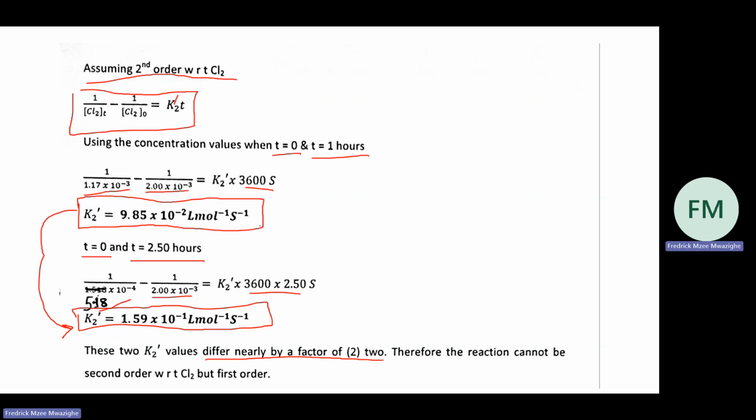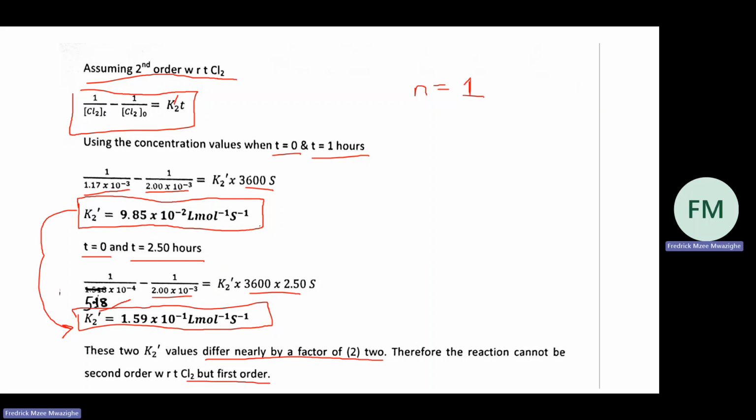Therefore, because for first order we found that the K prime value was very close, we can say that this particular reaction is first order with respect to chlorine. So therefore, N equals 1. It is first order with respect to chlorine.